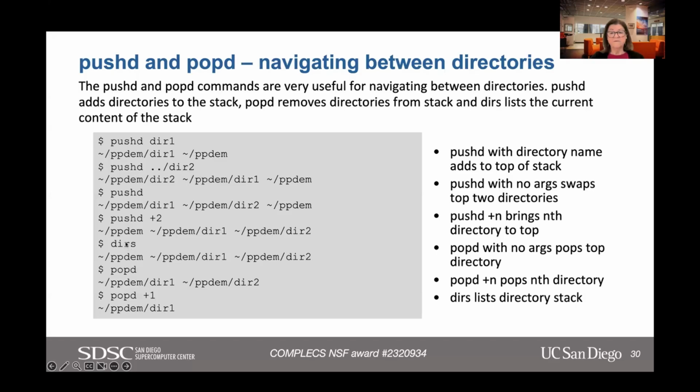And then dirs tells you all the lists of your directories. In fact, you can type dirs and it will tell you what's in your directory listing. And you can pick one that you want to go to, which it will take you there. And then popd plus 1, go to dir1.